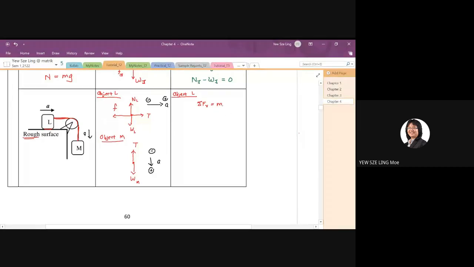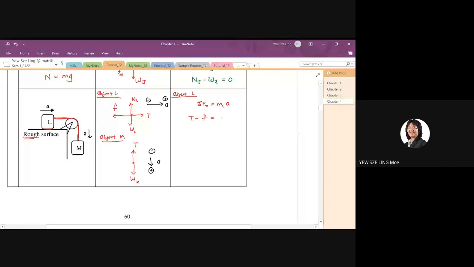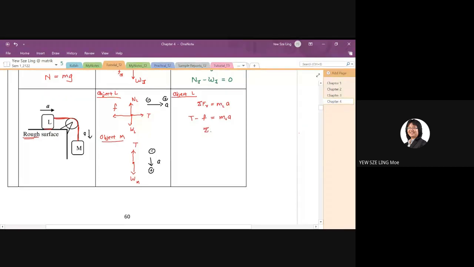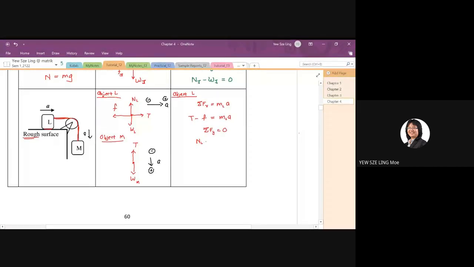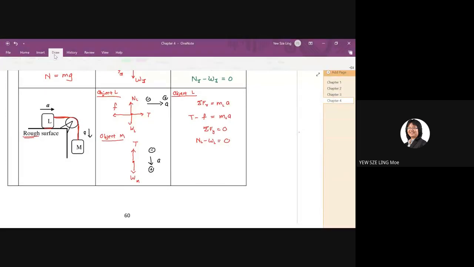So ML A. In the X component, I have two forces, so T minus F equals ML A. So this is the equation for the X component. For the Y component, because it is not moving, Fy is equal to 0. Therefore, NL minus WL is equal to 0. So this is our equation for object L.